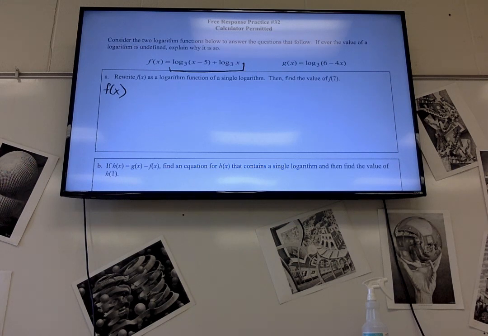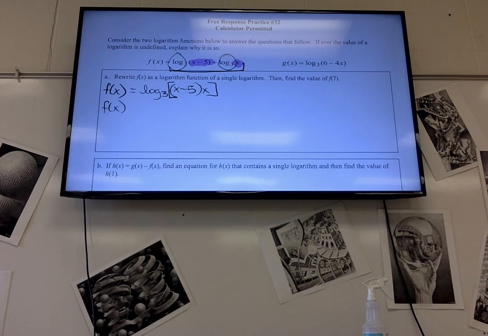Yeah, if you have two logs that are added together, then you can multiply what you're taking the logs of and just make it one logarithm. So this is log base 3 of x minus 5 times x. Or if you did x times x minus 5, doesn't matter the order.